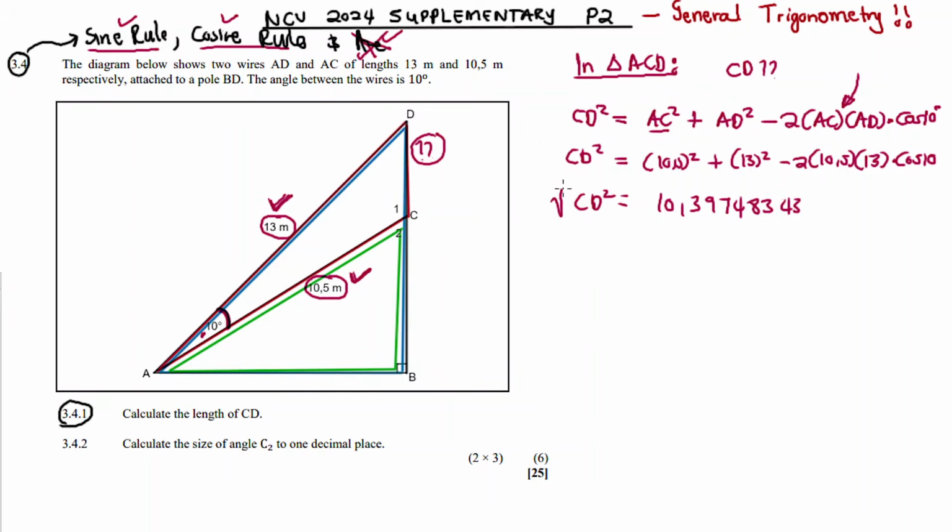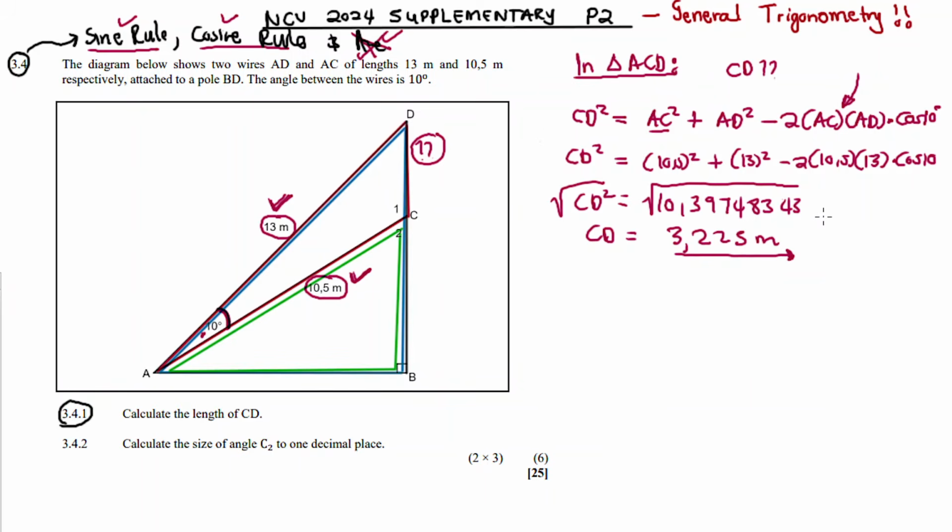CD squared. Take the square root on both sides. So now CD is equal to the square root of 10.39748343. Now the answer is 3.225 meters when rounded off to 3 decimal places.